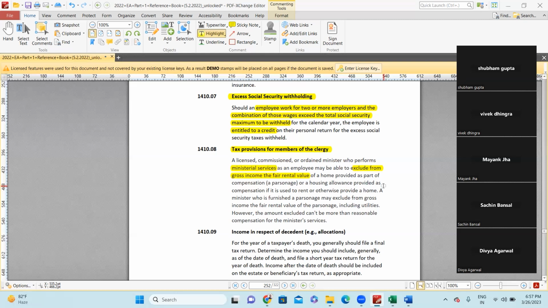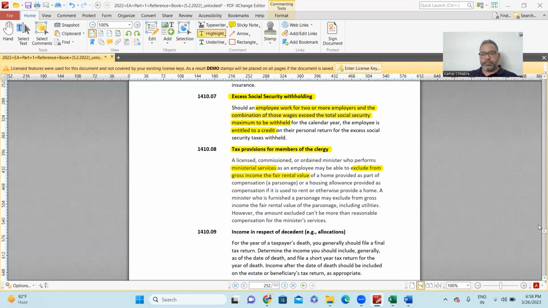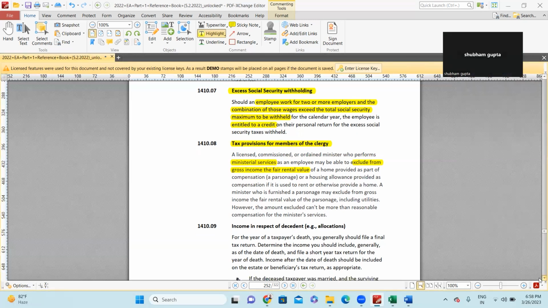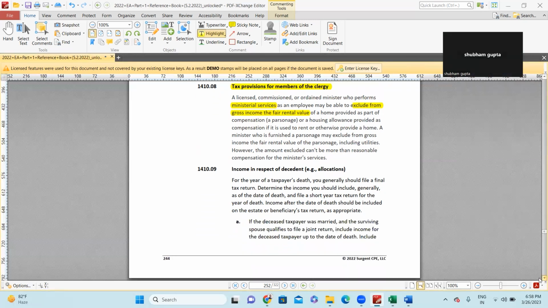A minister who is furnished a parsonage may exclude from gross income the fair rental value of the parsonage, including utilities. However, the amount excluded cannot be more than the reasonable compensation for the ministerial service. Very simple. This is hardly tested. I have not seen any question on this. We all know the ministers, they do not pay taxes.